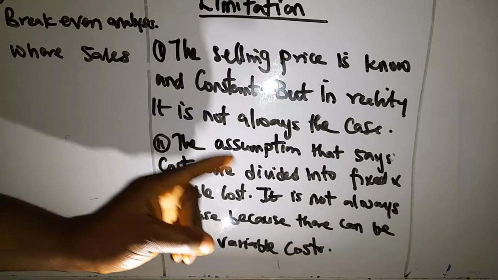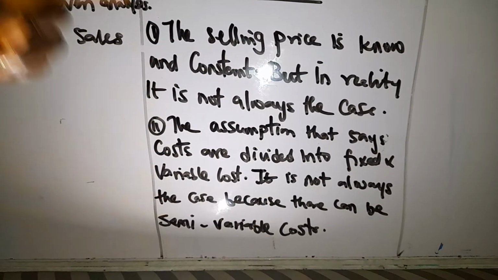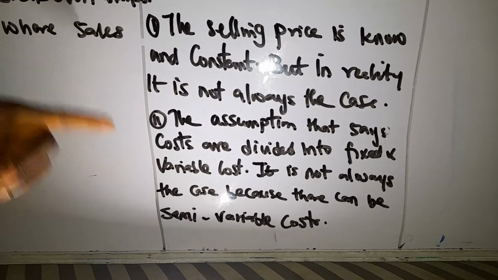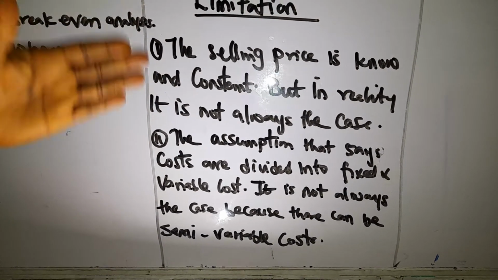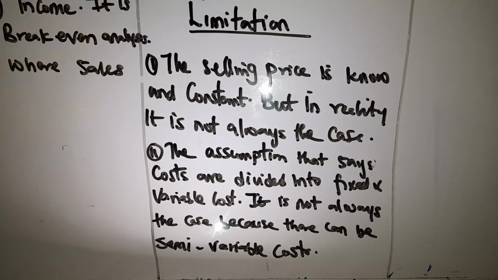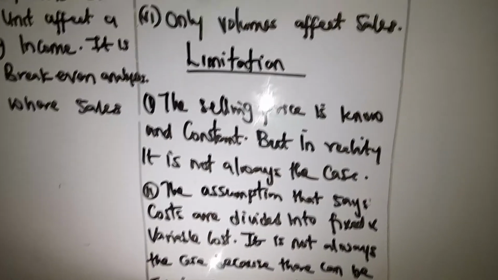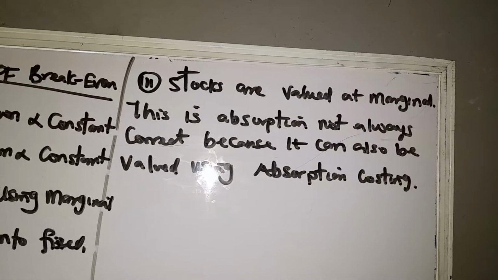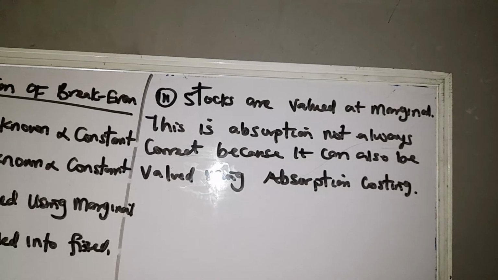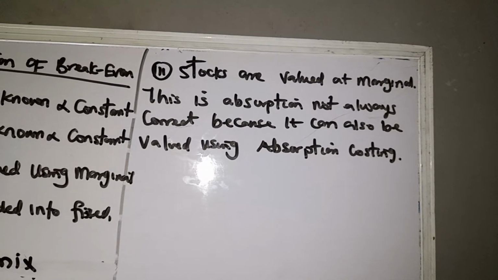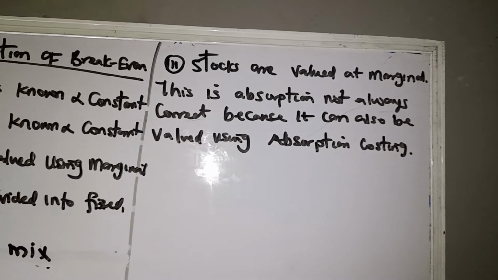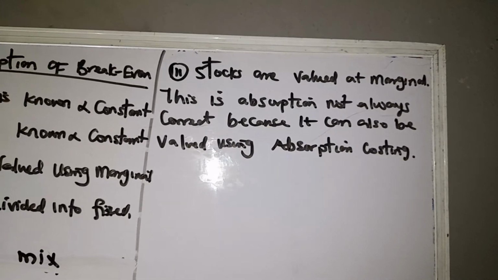The cost can be divided into what? Semi-variable cost. In that case, you are going to use high and low to calculate your fixed cost and your variable cost separately. Then next is telling us here now that stocks are valued at marginal cost. Then this assumption is not always correct, because it can also be valued using what?